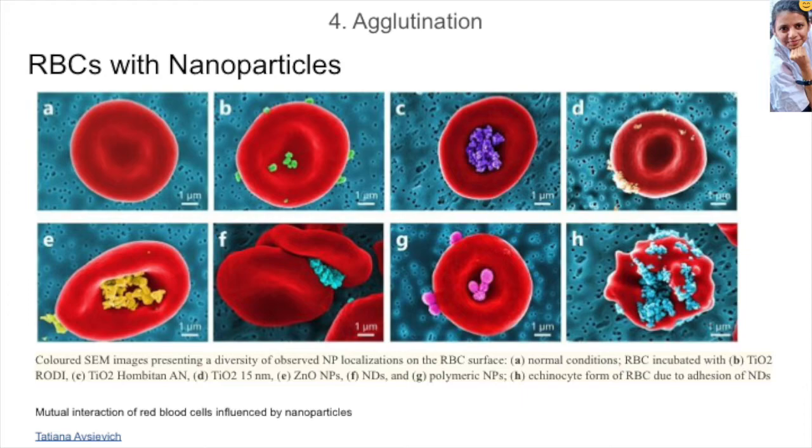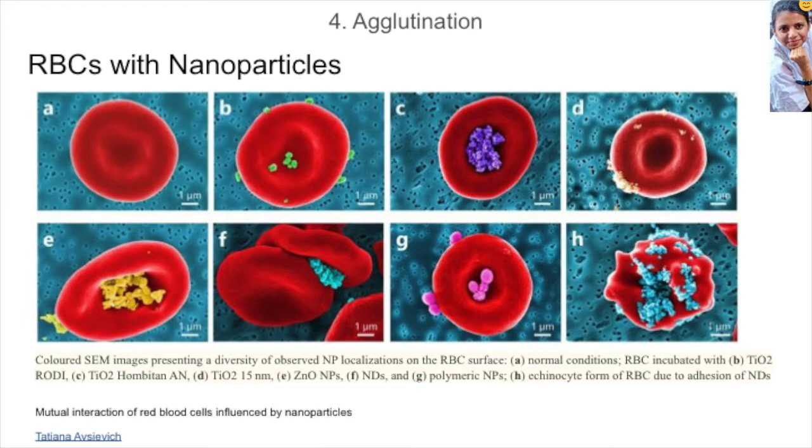nanobiotechnology is becoming accessible, we are really looking forward to having one of the agglutination agents as nanoparticles, and we really need a lot of literature review. We really need to study well what the interaction of RBC with nanoparticles is, and if one of the nanoparticles, for example silver nanoparticles, can act as an agglutination agent.